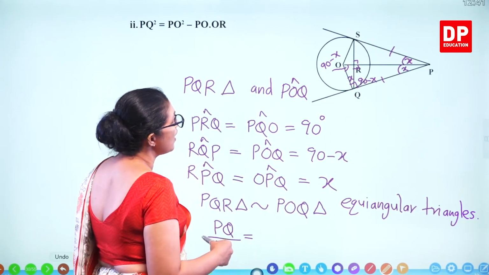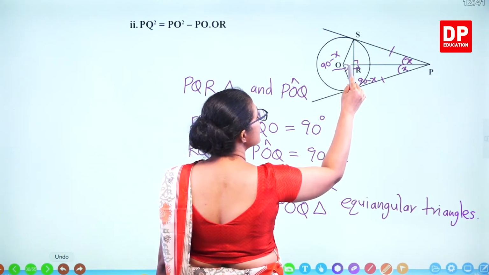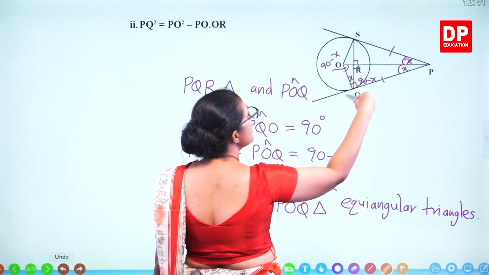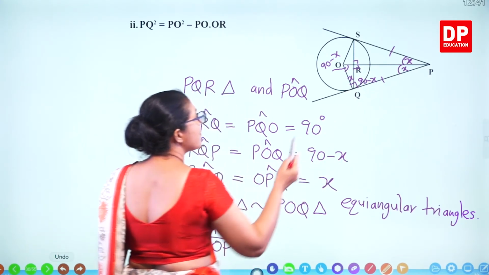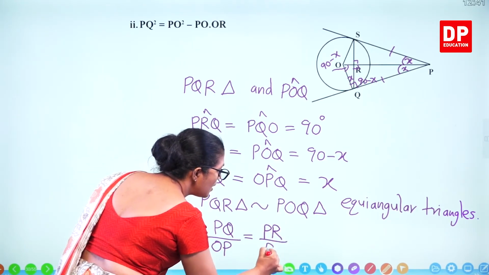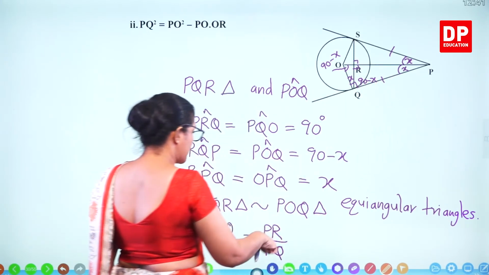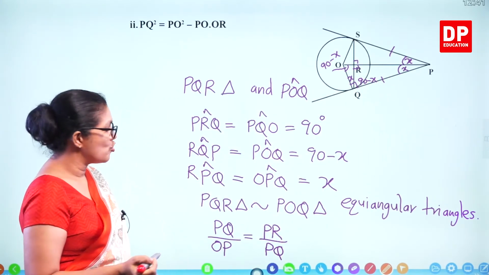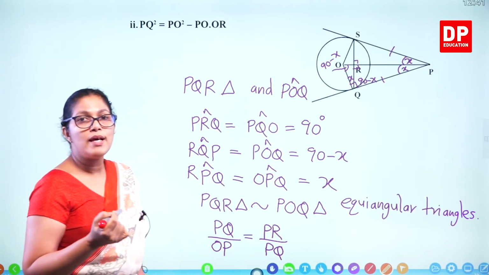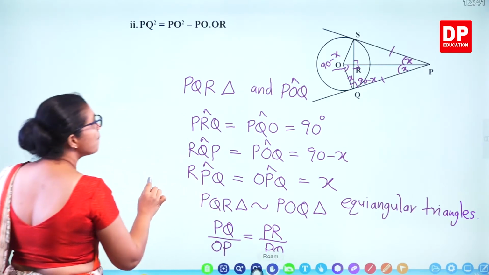So we'll take 90 minus X, opposite to 90 minus X, that's PQ and PR. So you can write PR over PQ, because we took this triangle first. So the corresponding ratios are equal because these are equiangular triangles. Now we'll cross multiply these two.